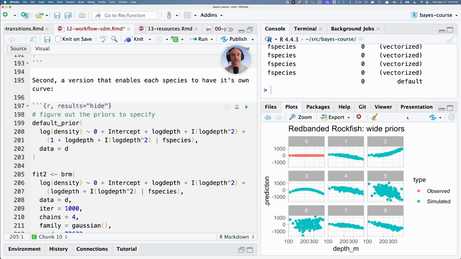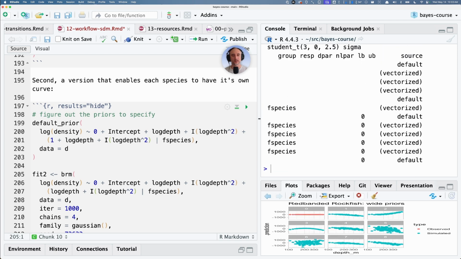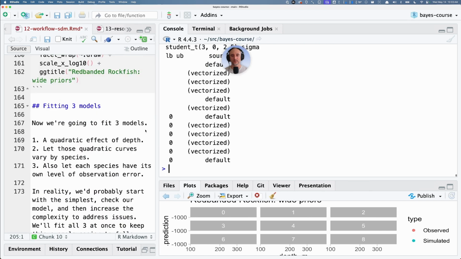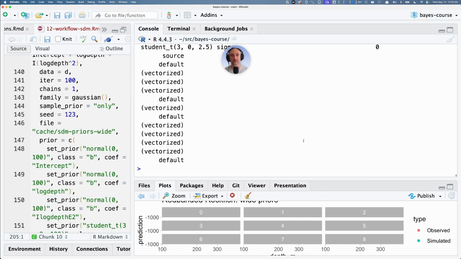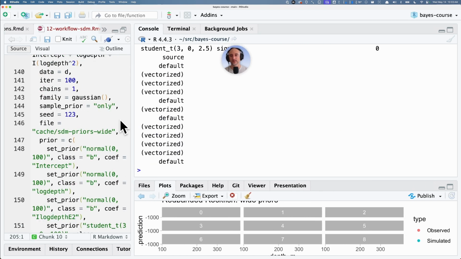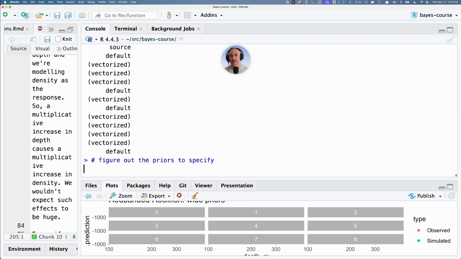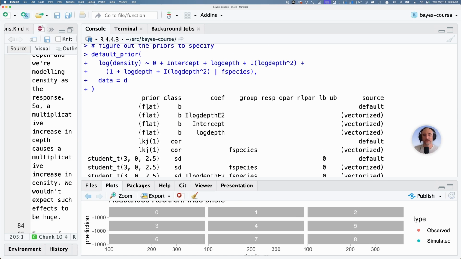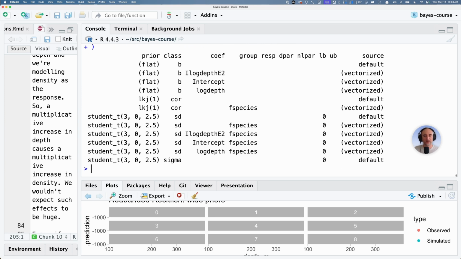So if I try to make this bigger so we can get this on one screen. So close. There we go. So I've run the default priors. So these are all the priors we now need to think about. Now that we've gone into a hierarchical model, there are many more priors to think about. So these are the ones we had before, what we might call the fixed effects.